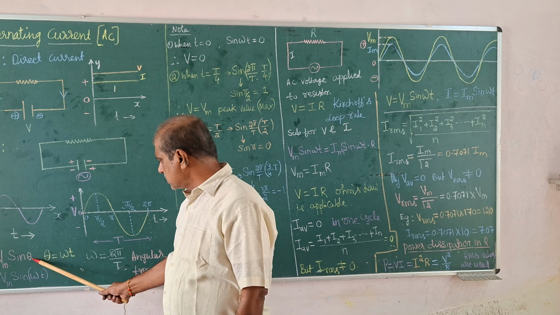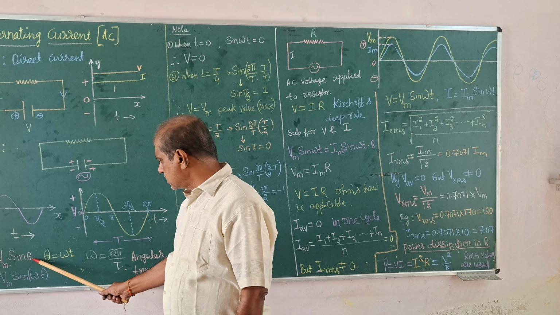Here theta is represented in terms of angle or radians. So every point on this line has some value of radians or angle and some value of t.